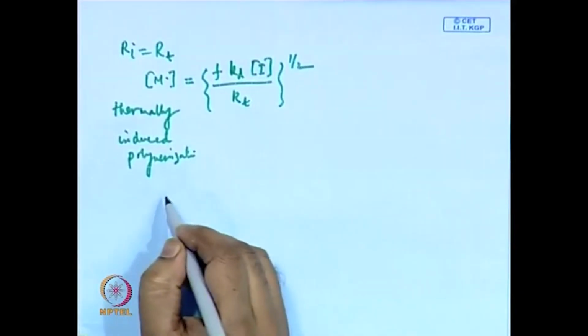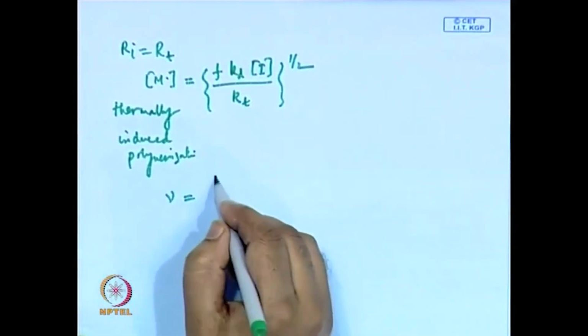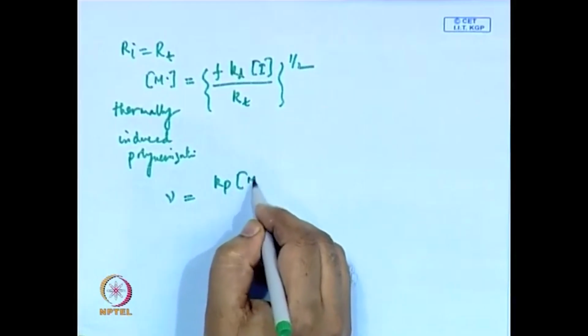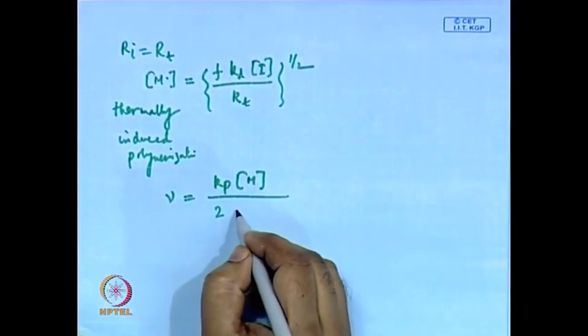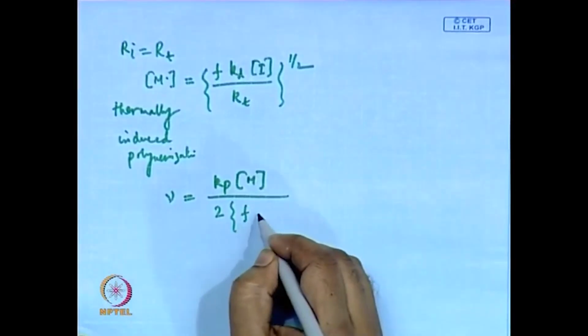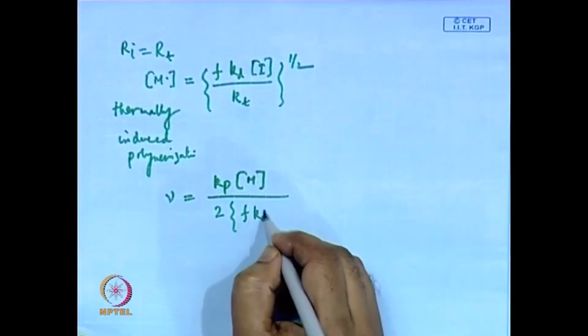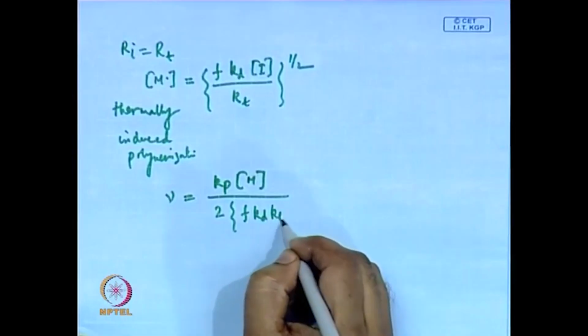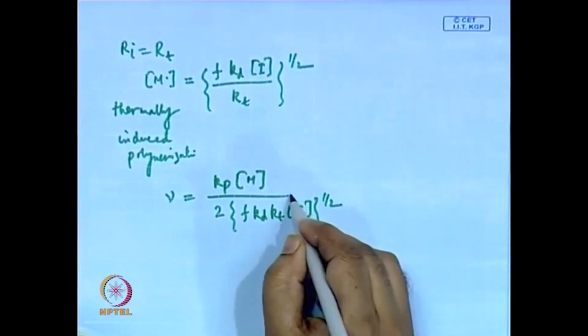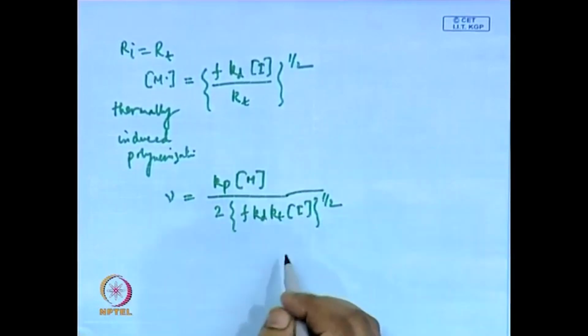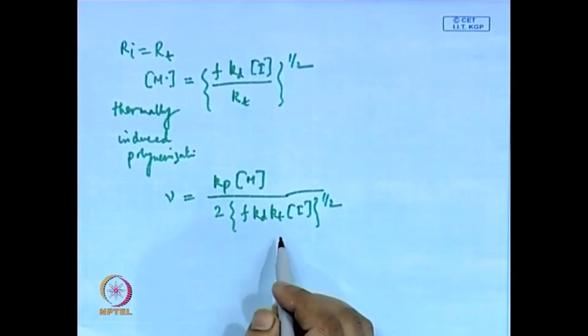So we can now write nu equals kp M over 2 (f kd kt I) to the power half, from the last expression.